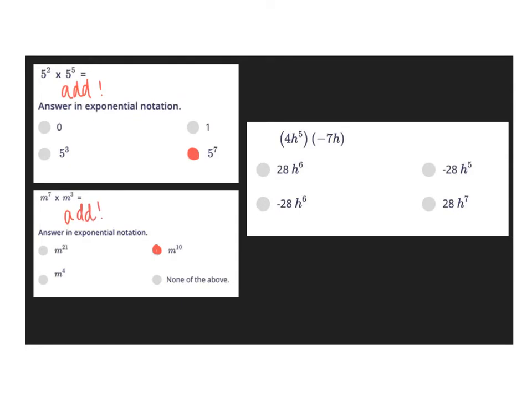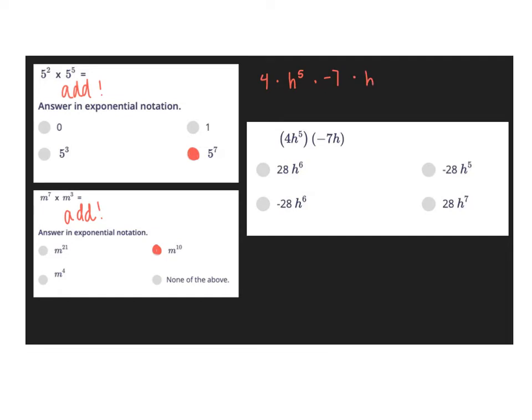Alright, next expression is a little bit more lengthy. We are multiplying these two terms, but the first thing that we're going to do is we're going to pull this expression apart. So I have 4 times h to the 5th power times negative 7 times h to the 1st power.